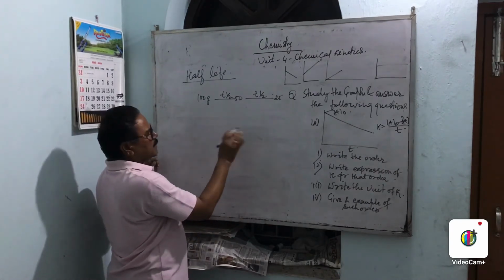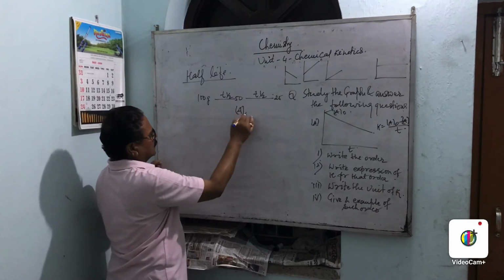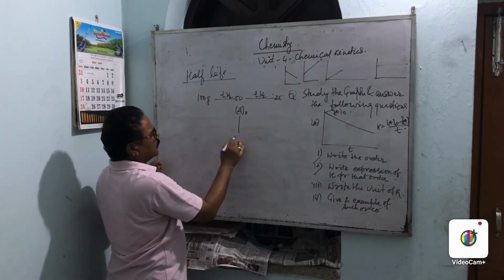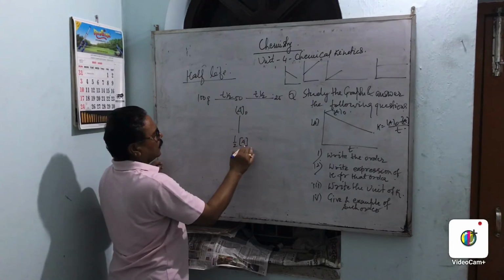Amount of a substance left, suppose the initial concentration is A. Now it comes to be A by 2.